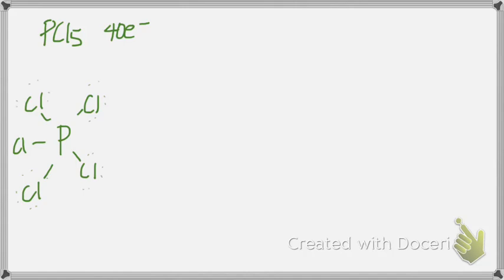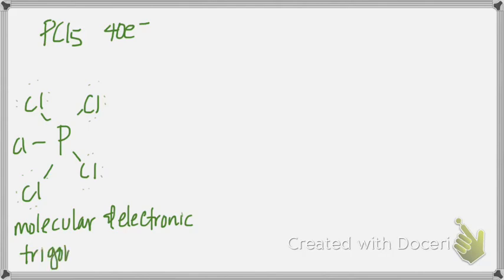Okay, and it's because there are no lone pairs on this central atom, it's going to have the same molecular and electronic geometries. So molecular and electronic geometries are going to be trigonal bipyramidal. And let me spell that correctly. Okay, so that's that one.